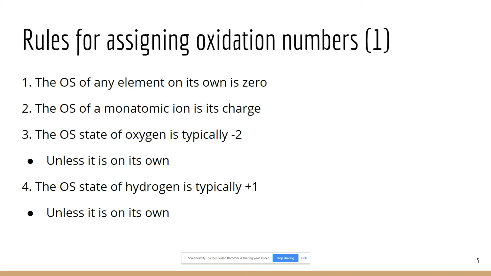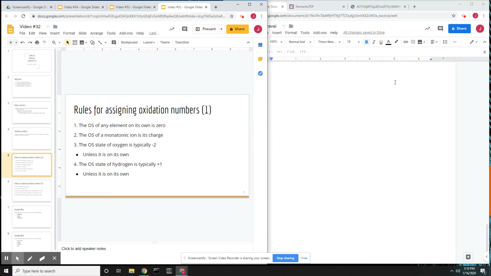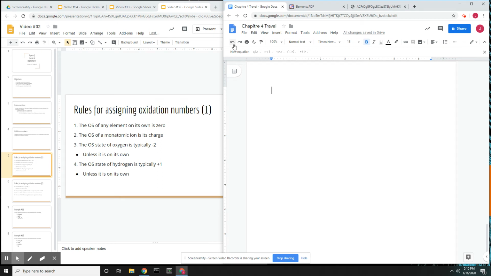Pause here. The oxidation state of any element on its own is 0. For example, O2, the oxidation state of those oxygens is 0. Second rule, anything that is monoatomic: if I have Na+, its oxidation state is +1.